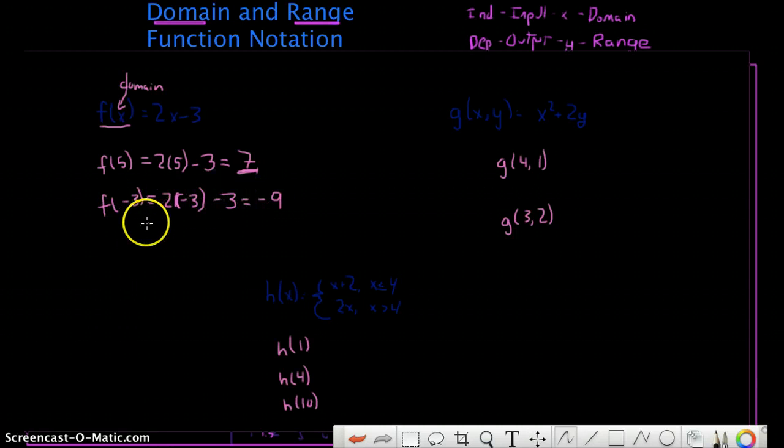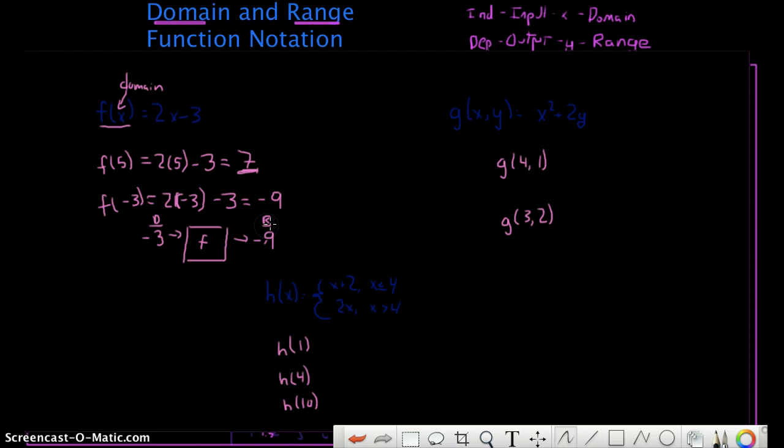In other words, when we were at negative 3 in our domain, we put it into that function machine called f here, and f turned it into negative 9, which is part of our range.